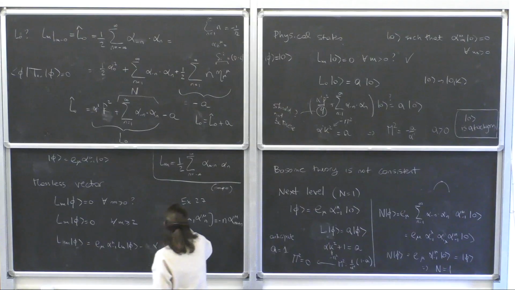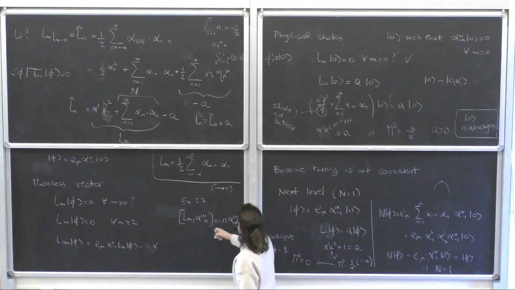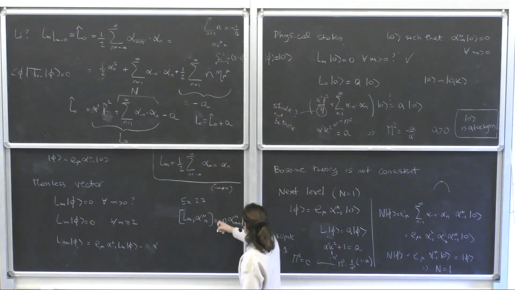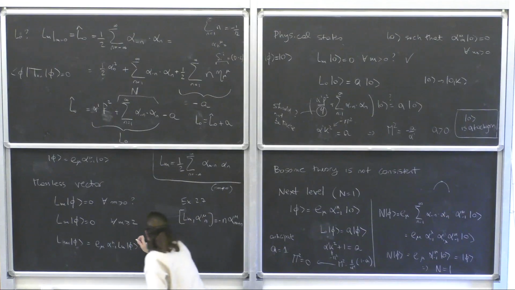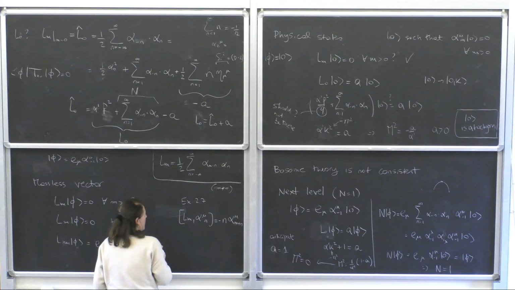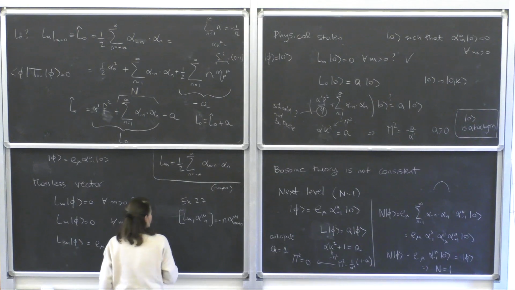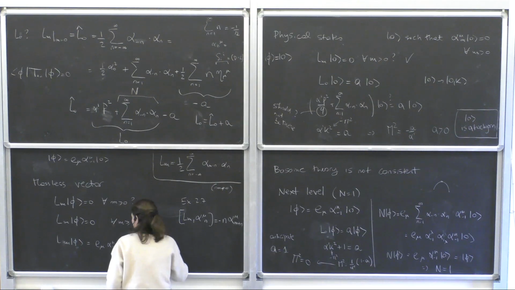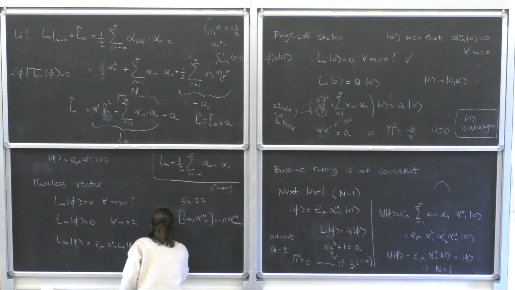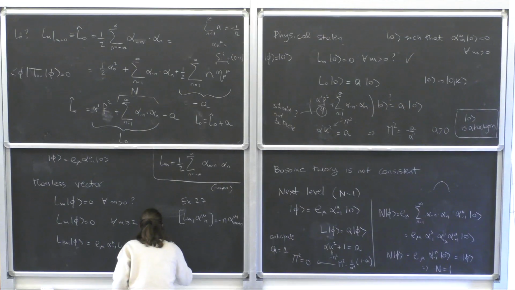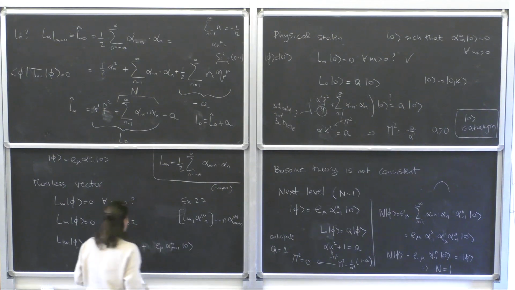I'm commuting Lm with alpha mu minus 1. So this will be, with the minus 1, plus alpha mu m plus 1, E mu alpha mu m plus 1 0.